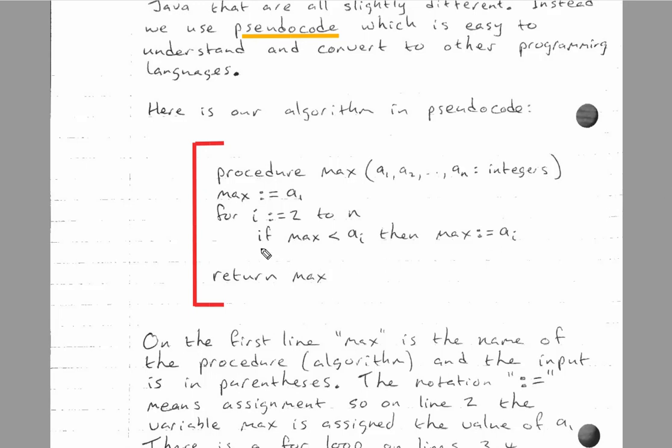I should say we have another construction here, this if-then construction. This piece is a condition. It's true or false. So if this condition is true, then do this. But if the condition is false, then don't do this instruction.